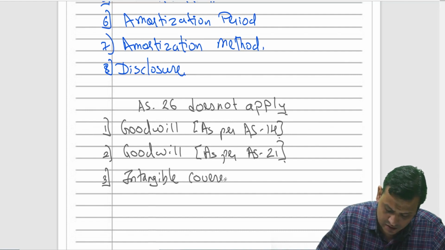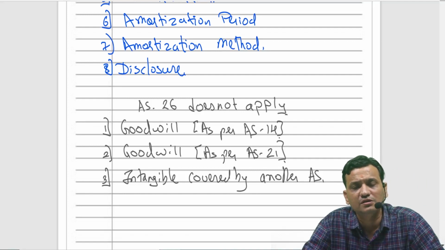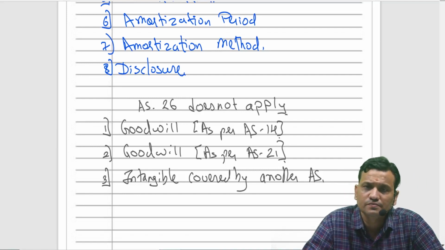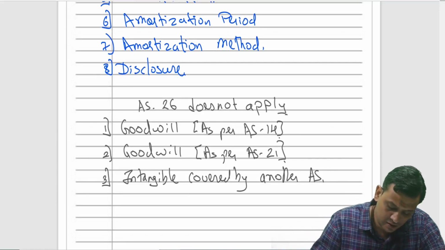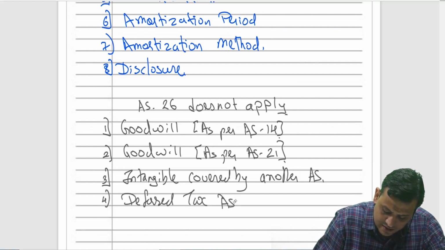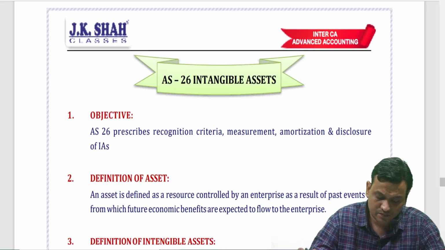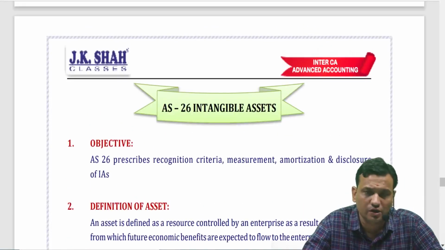Intangibles covered by another accounting standard, like AS 7 and AS 2. Intangibles held for sale, intangibles in the process of construction, deferred tax asset, that is basically our AS 22. These are the areas where our standard does not apply.